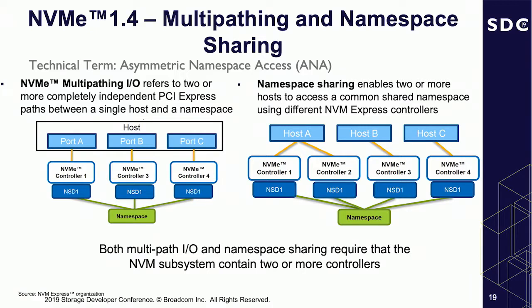Some paths are preferred or optimized, and there must be a mechanism for the host to know. That is where ANA comes in, and it gives the information on which path to choose. Basically, there are multiple states: optimized, inaccessible, and change, which means it is transitioning from one path to the other.